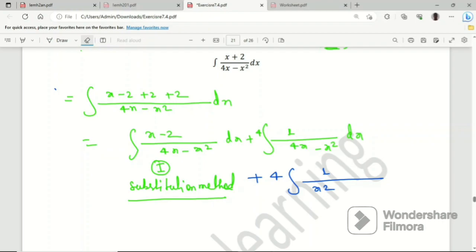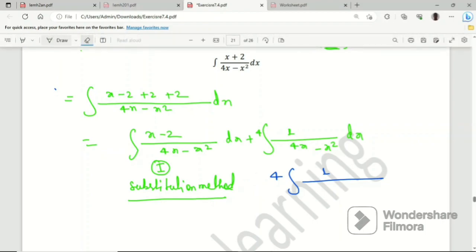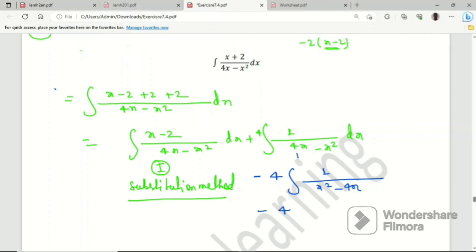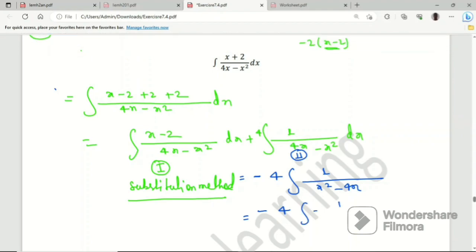So I'll take minus common. Since I'll take minus common, it will become minus x square minus 4x. So what I can do here, I'm just solving the second part. So minus 4 into, now I can solve them as a quadratic equation.